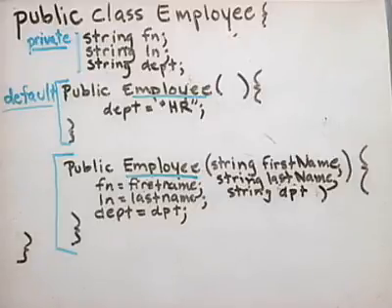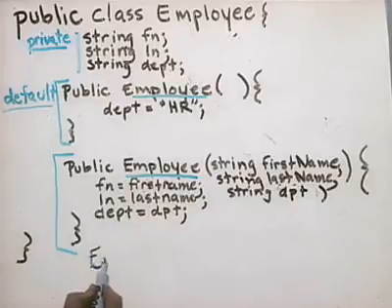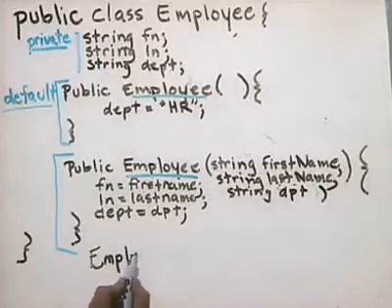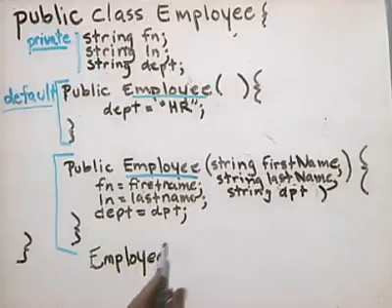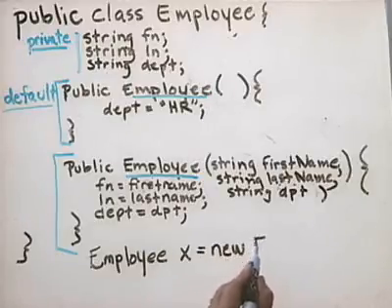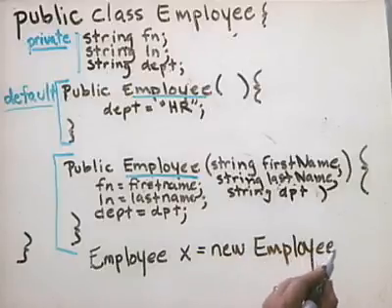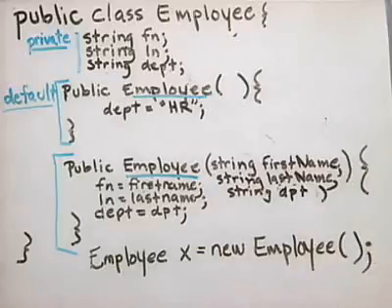So let's take a look at an example of creating an object from this employee class. I name the type first, then the reference variable, then the keyword new, and that will create an instance of this employee class.